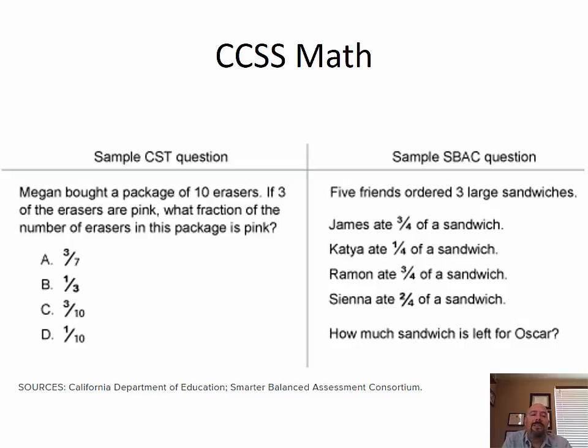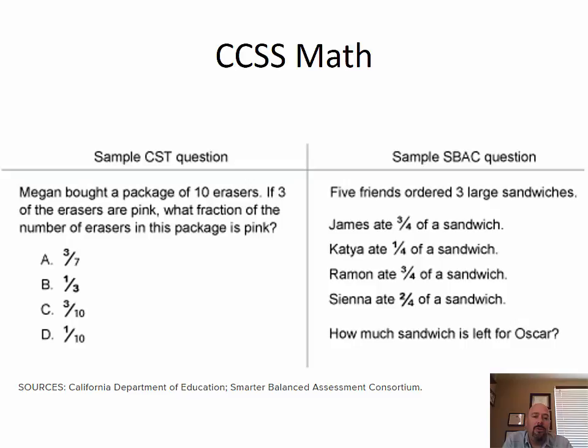If you look at the new test, you'll find that it's quite different. 5 friends ordered 3 large sandwiches, and we have 4 of these friends eating different proportions of sandwiches, and we want to know how much is left for Oscar. So you see that the type of knowledge and the type of thinking that needs to be shown in this second question is quite different.